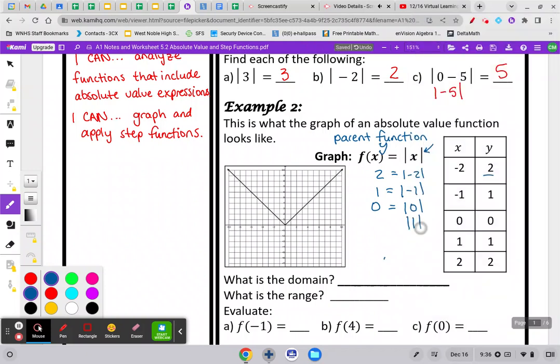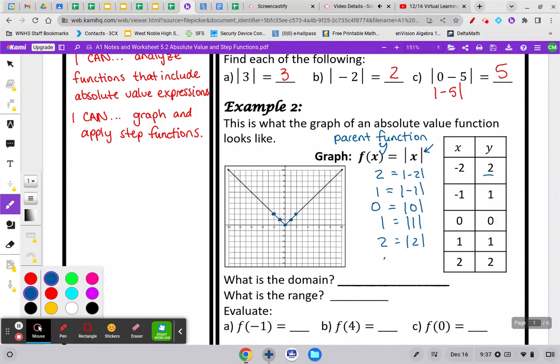So I continue this, and notice when I have my coordinates then, that I have the coordinate negative 2, positive 2, and negative 1, positive 1, and the coordinate 0, 0, and 1, 1, and 2, 2. So it makes a V shape. Absolute value functions do make V shapes.